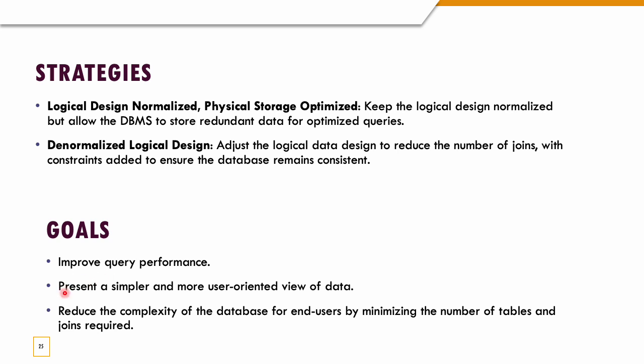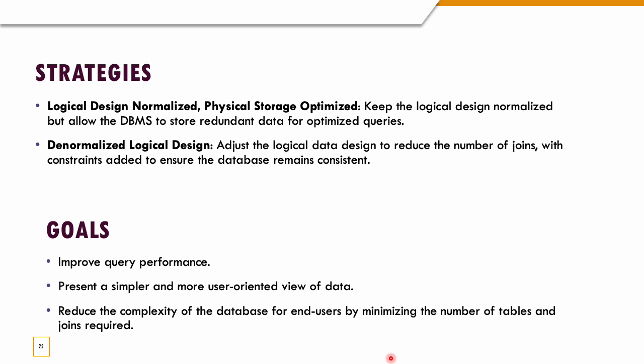And then it presents a simpler and more user-oriented view of data. Denormalization can provide a more intuitive data structure for end users, which can enhance the usability for those interacting with the database regularly. That's why we call it a user-oriented view of data.